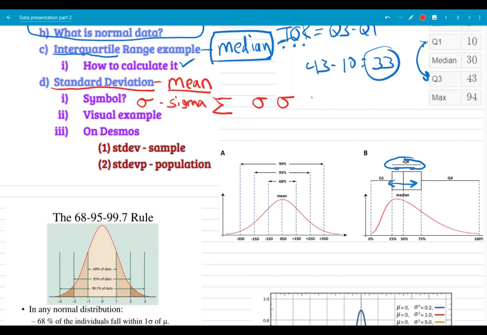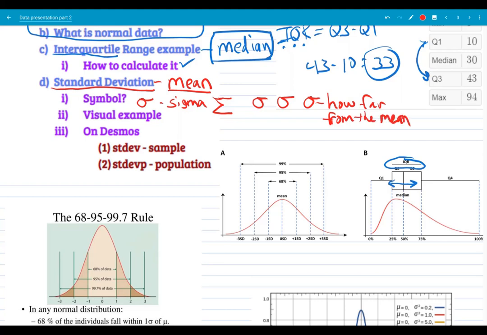Standard deviation. What that says is the normal data, and there's a formula down at the bottom of the page I'm going to show you, is how far from the mean, or the average, remember?